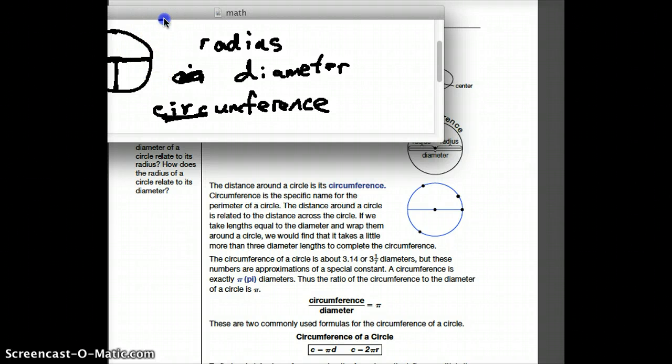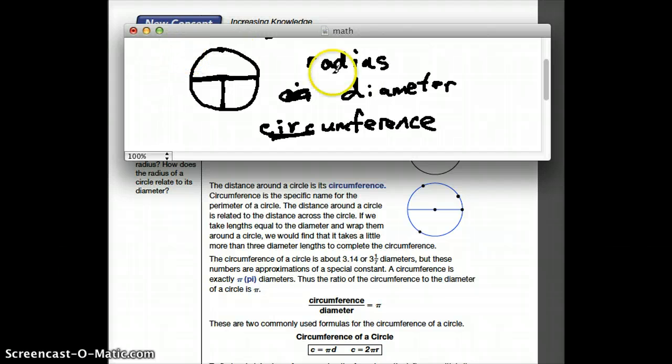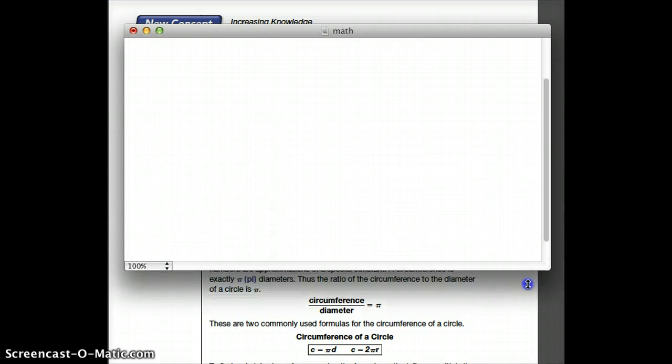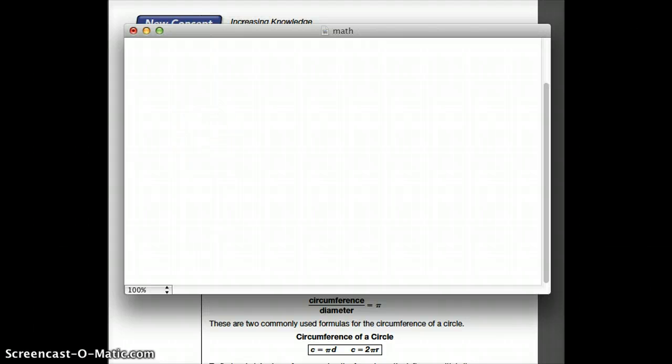And for this, we have a special formula to find the circumference. The circumference of a circle is either 2 times pi times r, or you could use circumference is pi times the diameter.